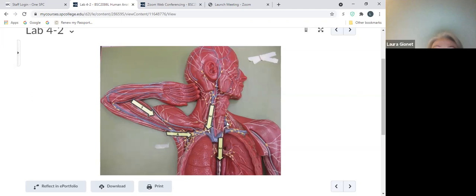It merges with other lymphatic vessels from the left side of the head, the left arm, and the left chest, and then transports that fluid into the left subclavian vein.